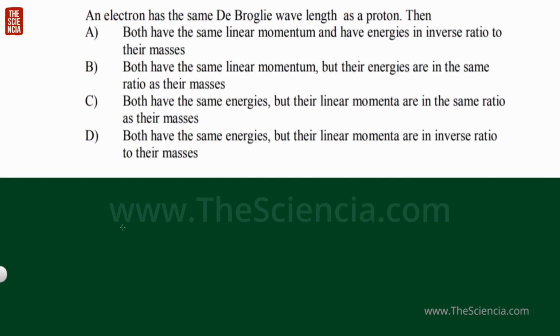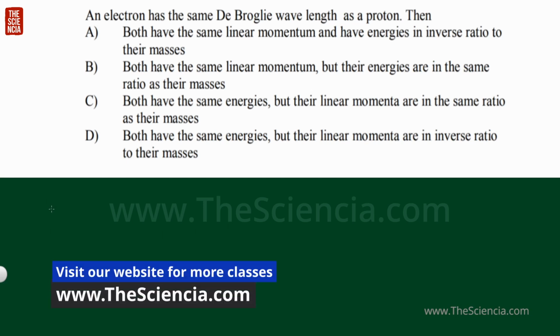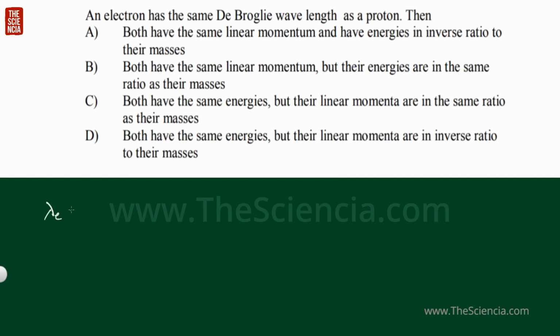In this question, the given condition is that the de Broglie wavelength of the proton is the same as the de Broglie wavelength of the electron. That is lambda E is equal to lambda of proton. And from the de Broglie relation we know lambda is equal to h by p, that is h by PE for the electron, that is equal to h by PP, the momentum of the proton.